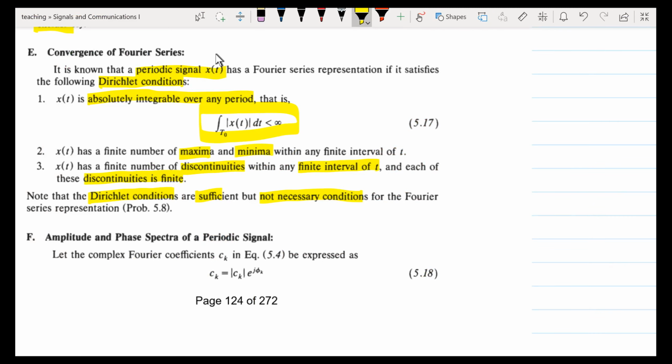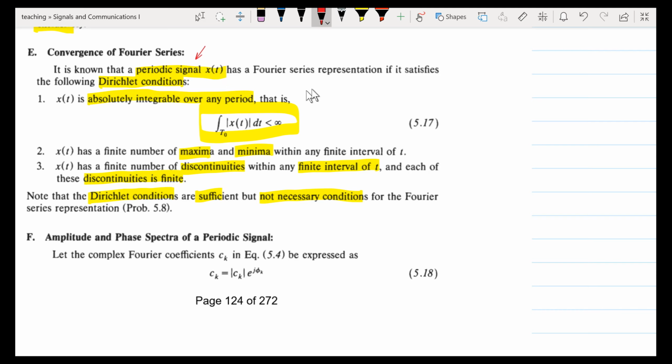When Fourier defined the Fourier series representation of periodic signals, the only condition that he set, or the sufficient condition, was that the signal has to be periodic for it to be representable using the Fourier series.